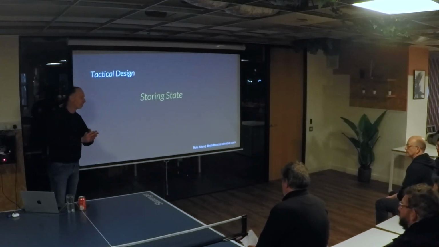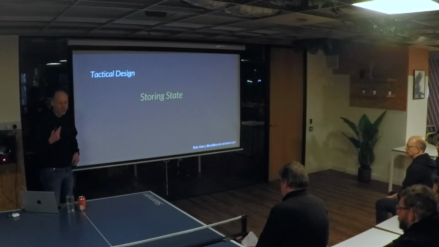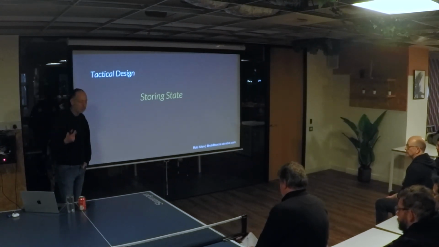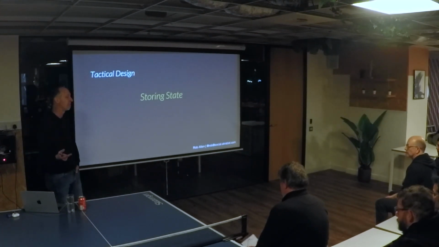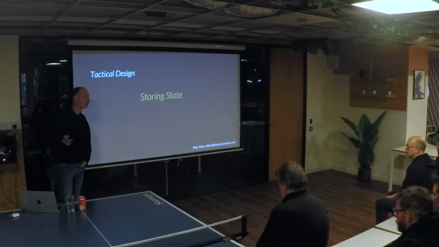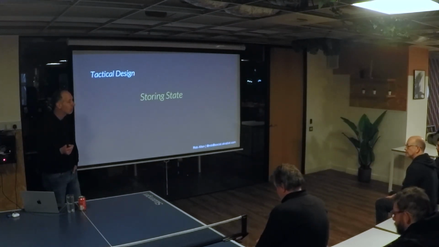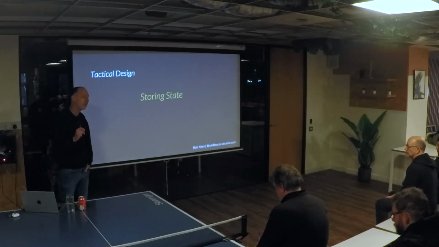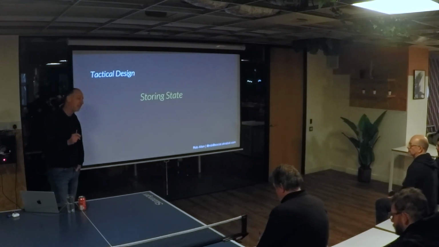Sometimes it makes more sense to join the two together and have an entity that knows how to save itself. We call that the active record pattern. It's used in a number of frameworks, most famously Ruby on Rails uses it, Laravel uses it in PHP, are the two fairly big frameworks that use it. I think Django does as well in Python. It's a very, very common pattern and is completely compatible with DDD.